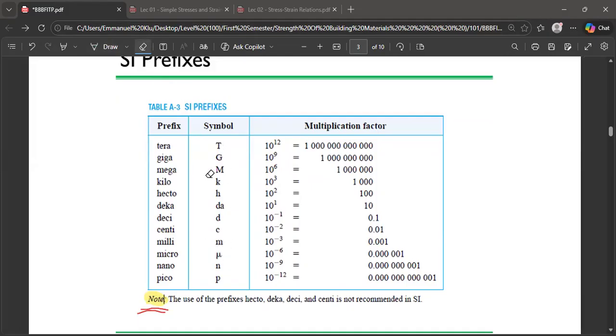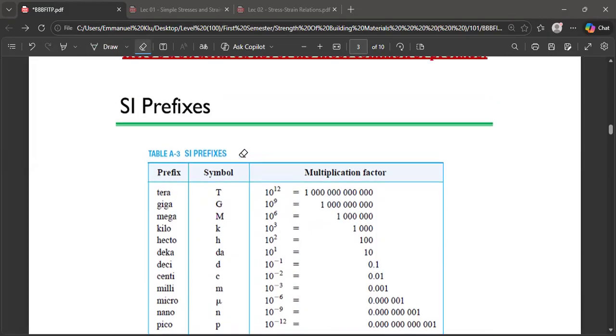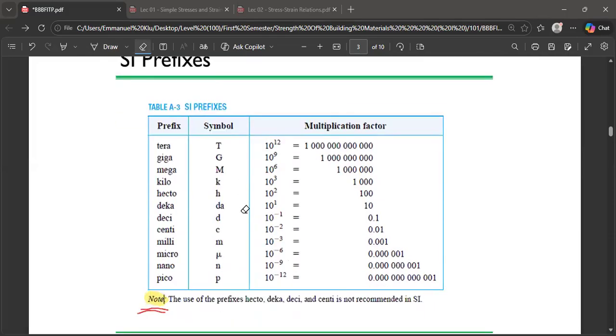You actually need this until you are done with engineering, because you're going to meet this in Form 1, Form 2, Form 3, even in your top up, in level 100, level 200, level 300, level 400, and it continues like that. So if you are not able to master this today, in future, it will haunt you.